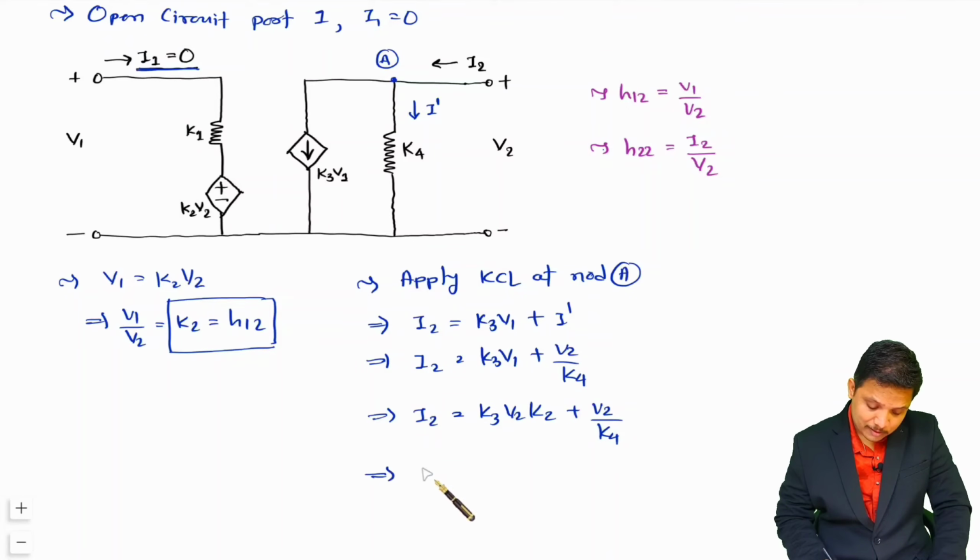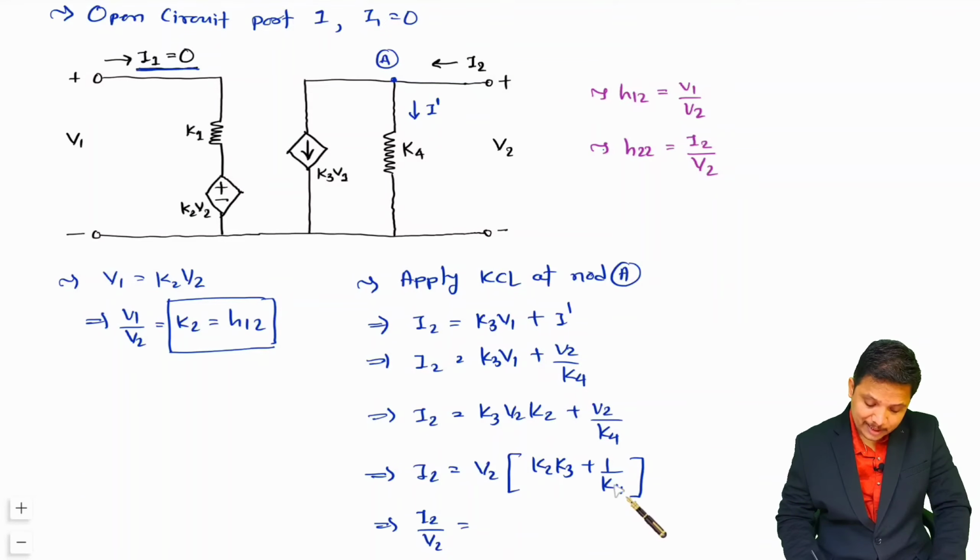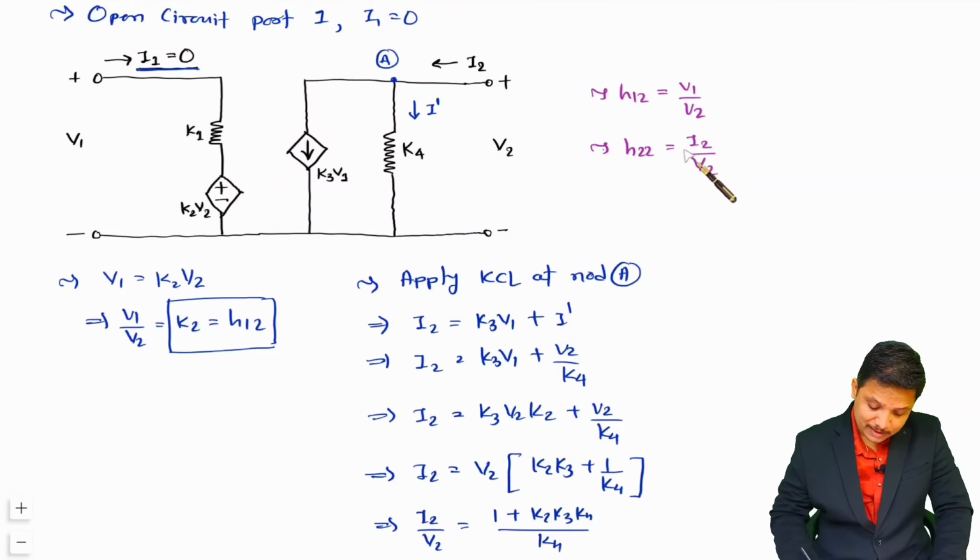Now I2 is equal to V2 common, K2 K3 plus 1 by K4. So I2 by V2, if you take LCM, is 1 plus K2 K3 K4 divided by K4, and I2 by V2 is H22. So now I got the value of H22.